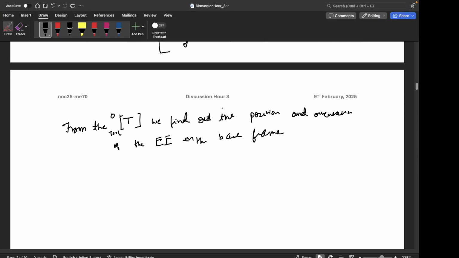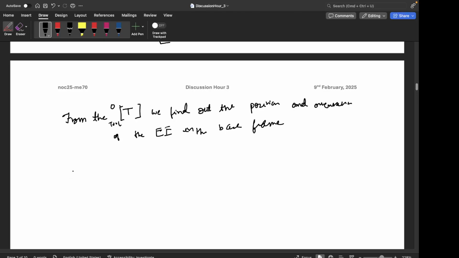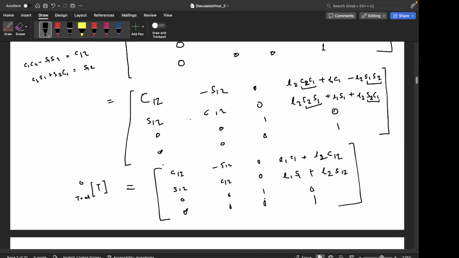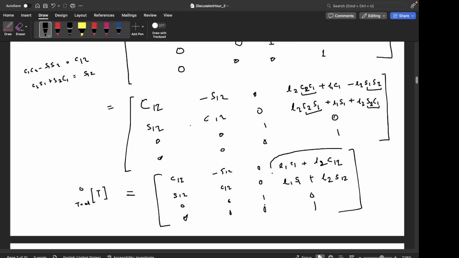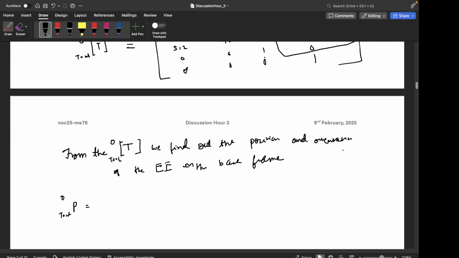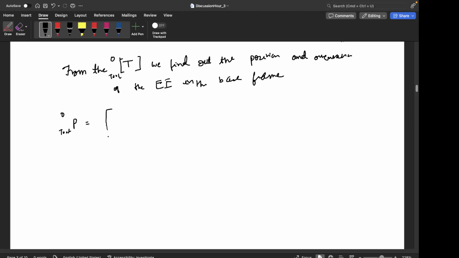Okay, and the position part is given by the last column, as you know, this is the position part, right? So that is given as L1 C1 plus L2 C12, and the y coordinate is L1 S1 plus L2 S12, and the z coordinate is 0.